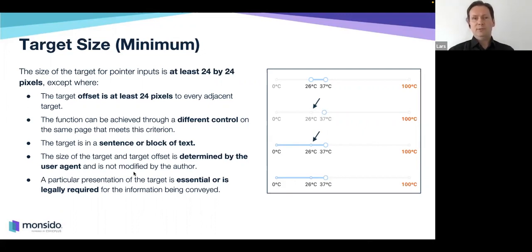So this is to ensure that you will get enough space either on the target itself, or at least surrounded by enough free space until the next button, so you will not by accident hit something wrong.